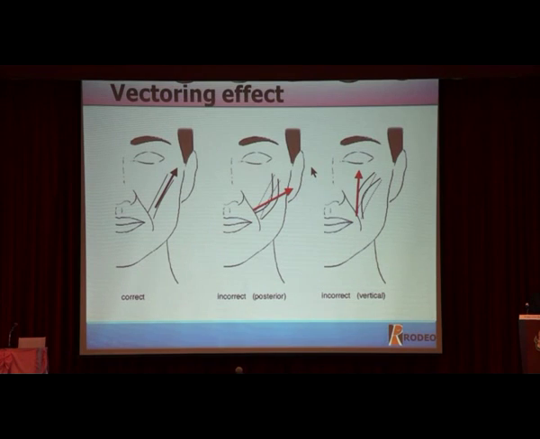method and vectoring effect. This is the correct vector, but this is incorrect. This is incorrect, but I think this is the correct one. You are making volume reduction in this area.